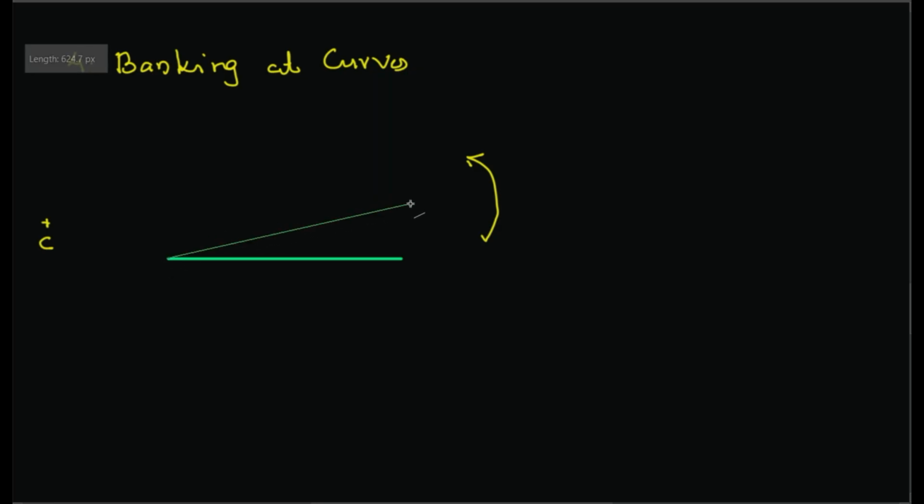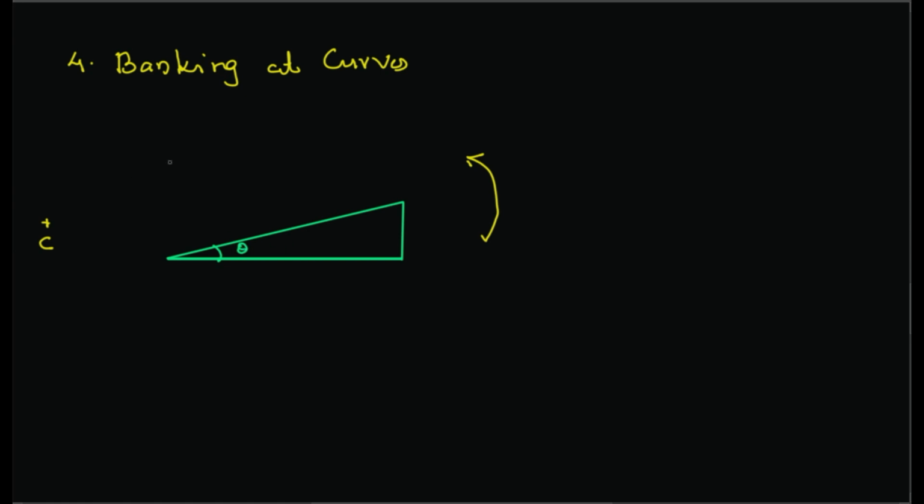Here we have a considerable rise to make the equations look fine. Actually, the tilt will be very small. So this edge is tilted up, and this angle with the horizontal is called the angle of banking. We call it theta again.